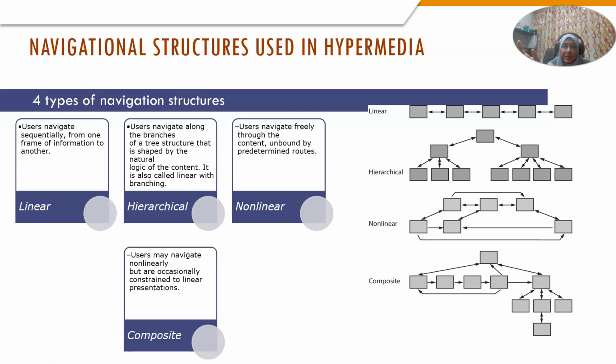Imagine something like the concept of game-based, or something like quizzes. You need to go to a certain question, and after that you can go to the other section. That is the composite. You can combine it.